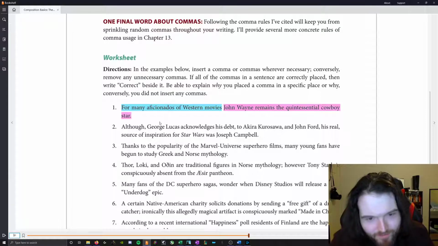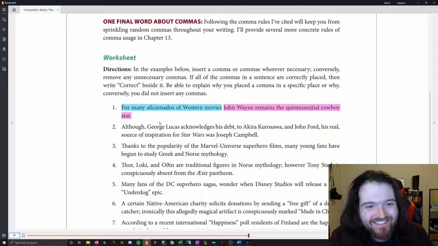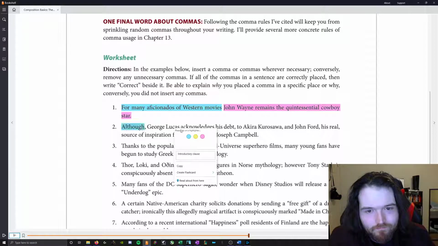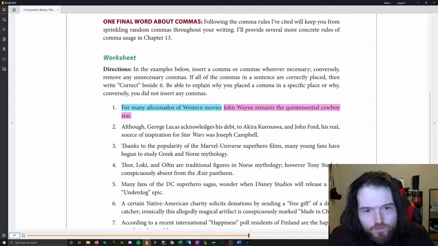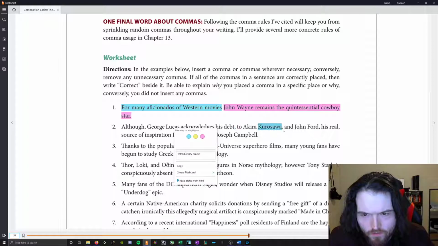It just has way too many commas. So, off the bat, we're going to remove this one. Although George Lucas acknowledges his debt to here. All right, so we're going to remove this one, this one, this one, and this one.